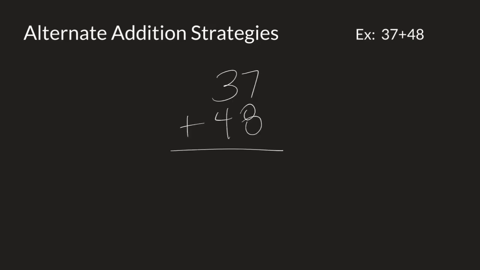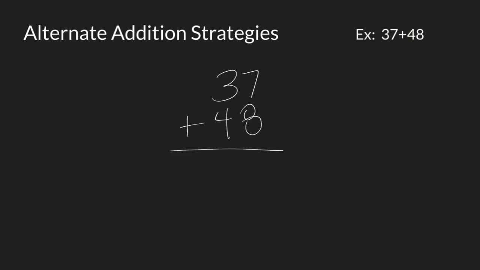The example we're going to use today is 37 plus 48. Now, traditionally, what we normally do is line it up just like this. We'd have one of the numbers here and the second number there, and we would add it by place value. But this is where it sort of gets lost in terms of math.